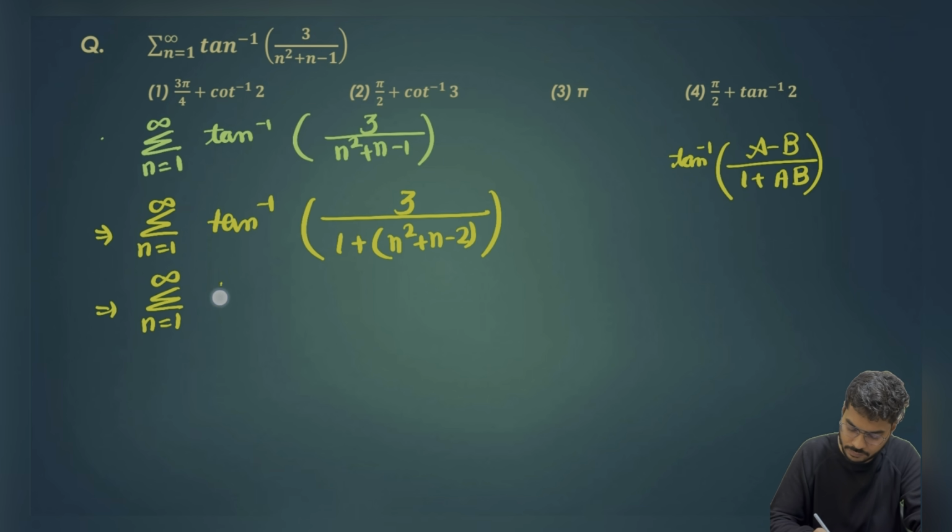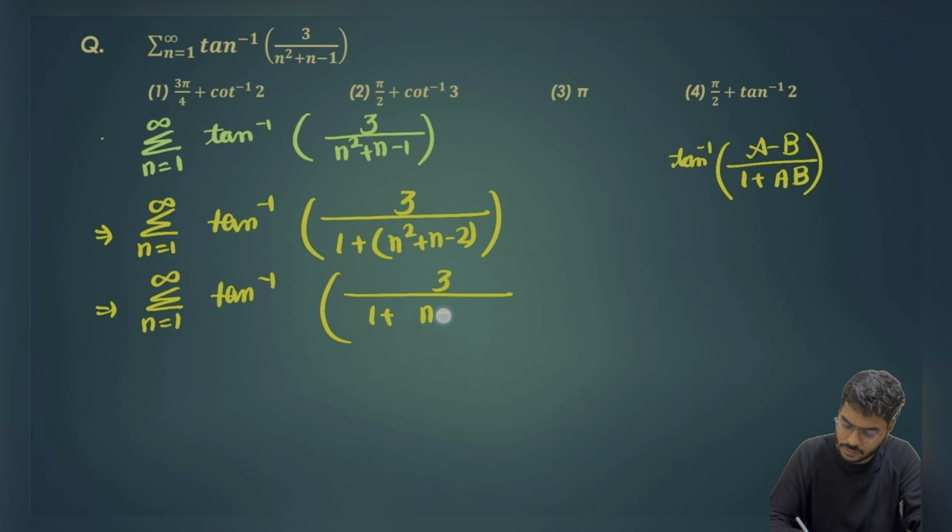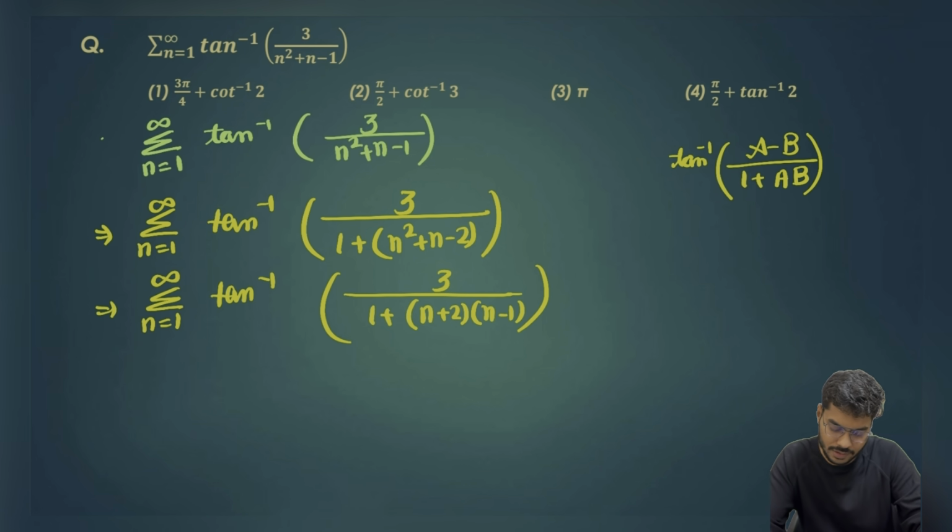See the factors. What are the factors? n plus 2, n minus 1, right? Check the difference between them, and then cancel out 3, right?